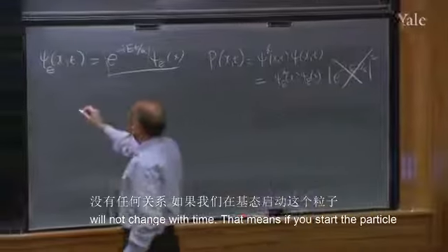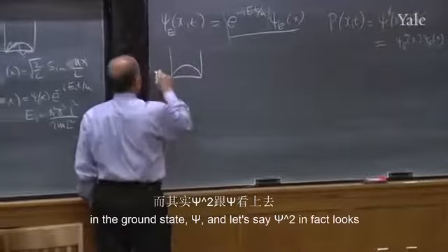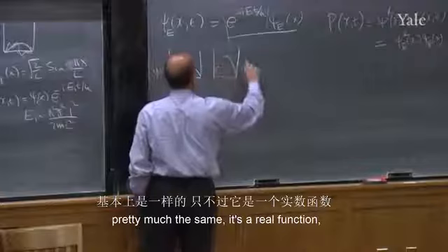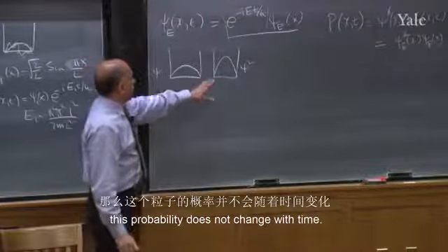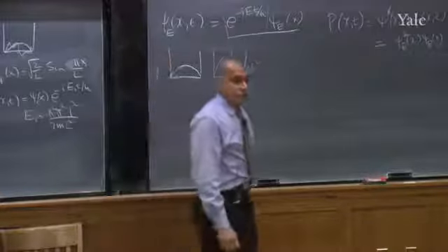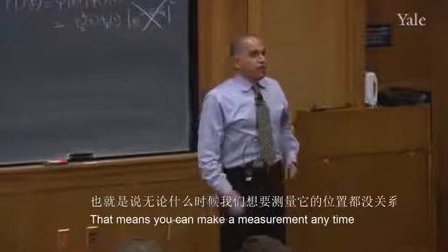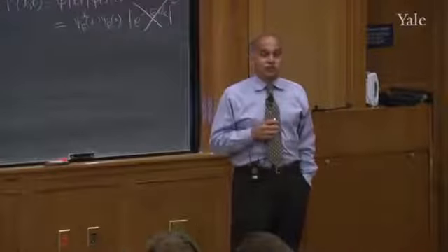That means if you start the particle in the ground state, psi, and let's say psi squared, in fact, looks pretty much the same. It's a real function. This probability does not change with time. That means you can make a measurement anytime you want for position, and the odds don't change with time.